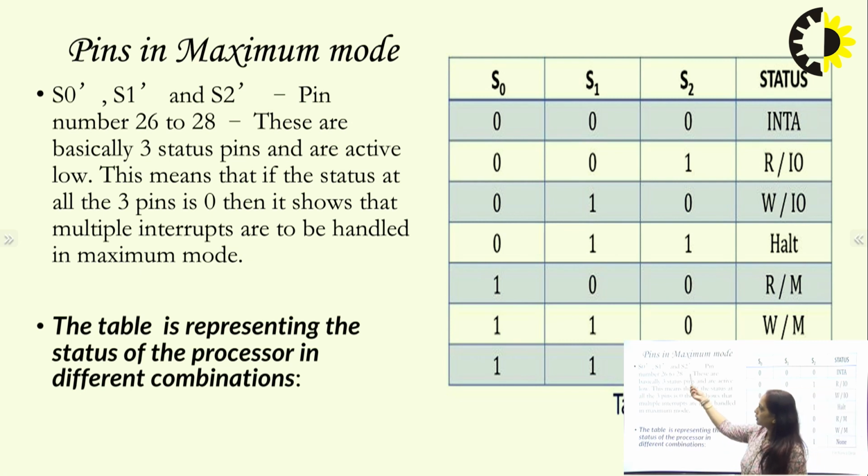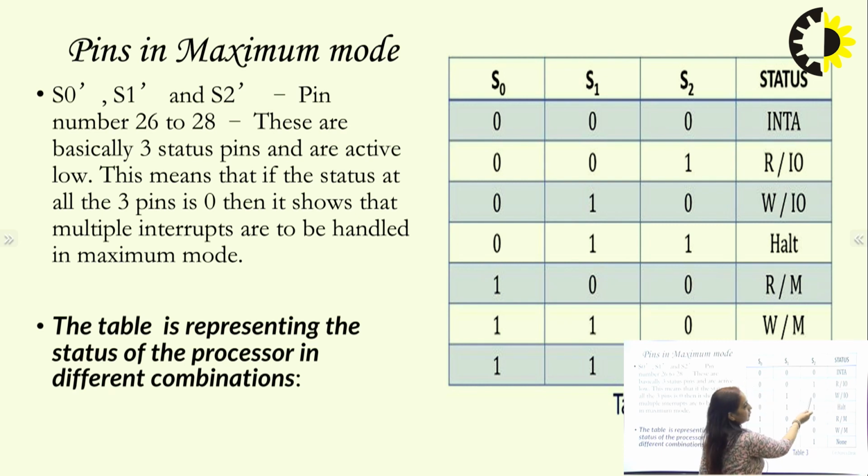Under this maximum mode, from pin number 26 to 28, we have the S2 bar, S1 bar and S0 bar. Depending upon the value, we have operations like: for 000, interrupt acknowledgement. For 001, we are reading data from IO ports.